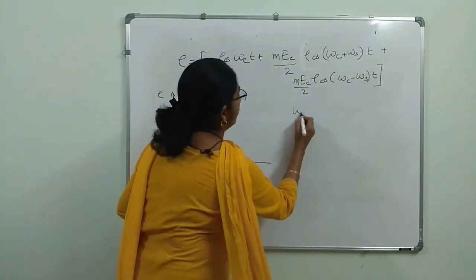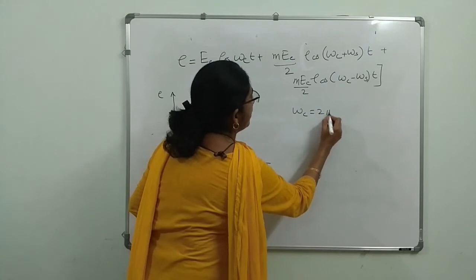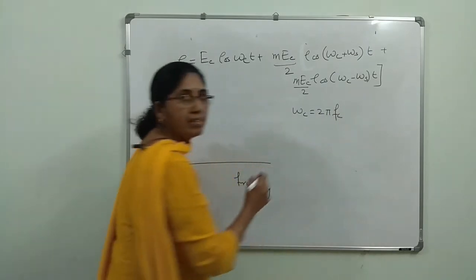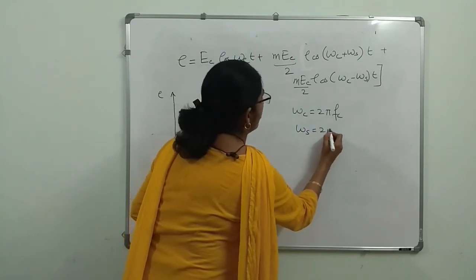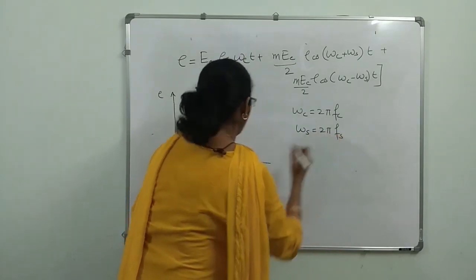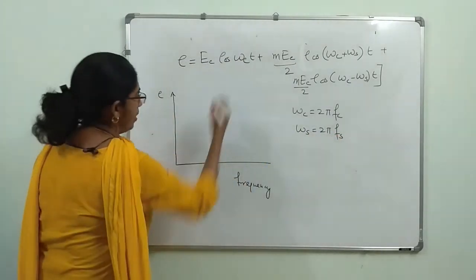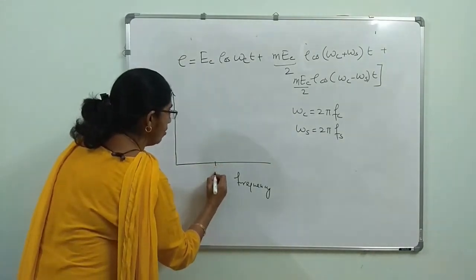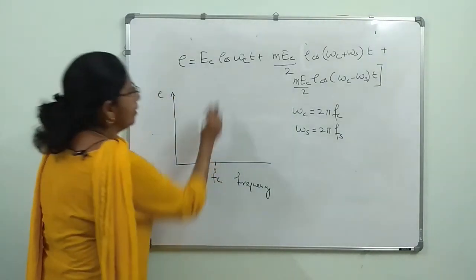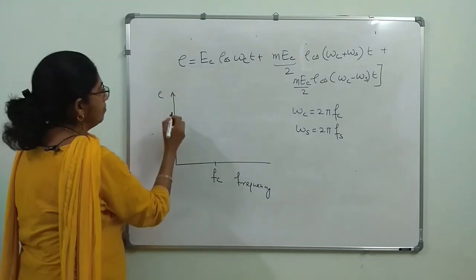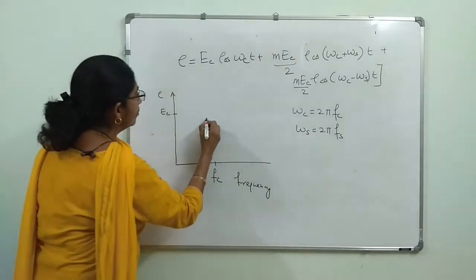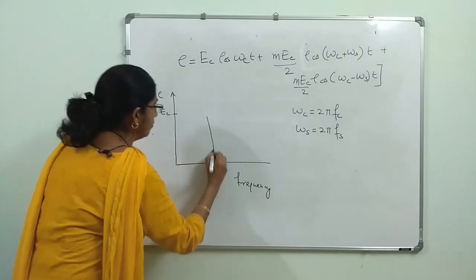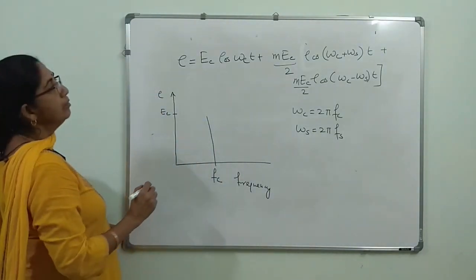Omega C is equal to 2 pi Fc, where Fc is the carrier frequency. Omega S is equal to 2 pi Fs, the signal frequency. So this is omega C of frequency Fc. Its amplitude is EC.